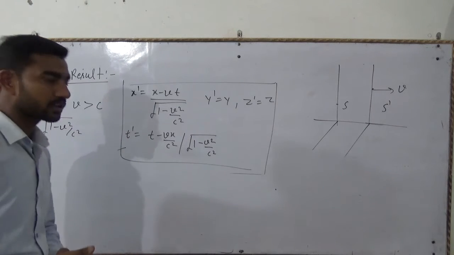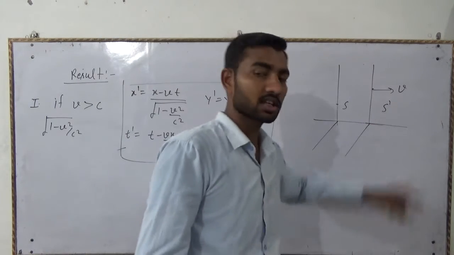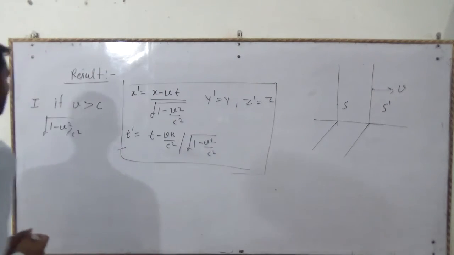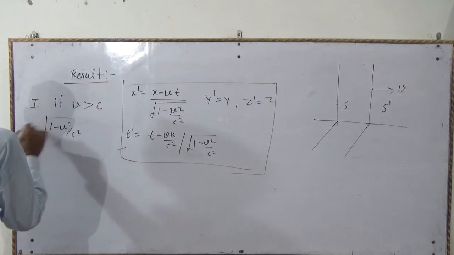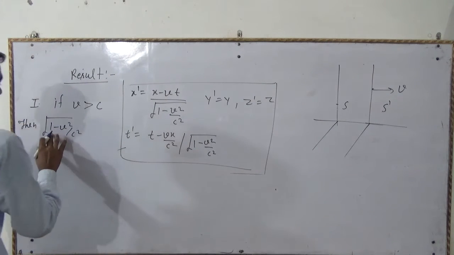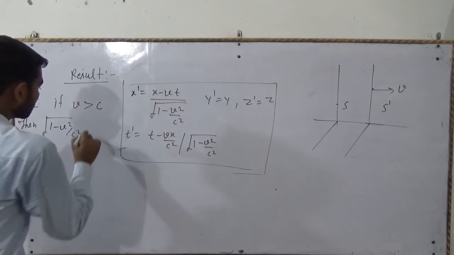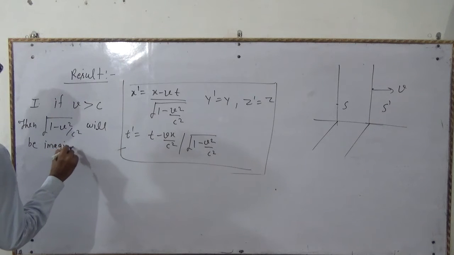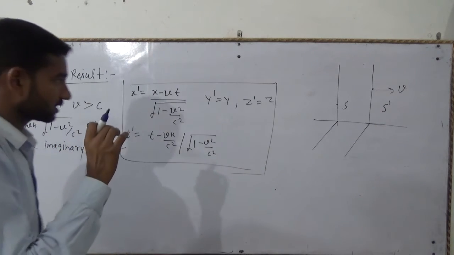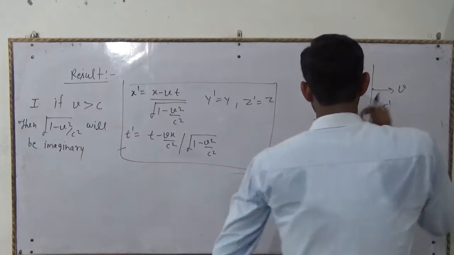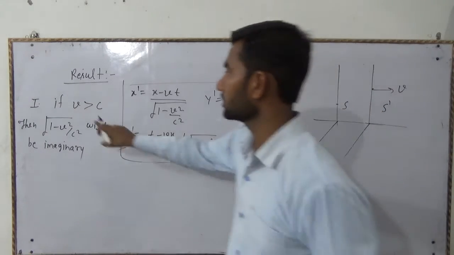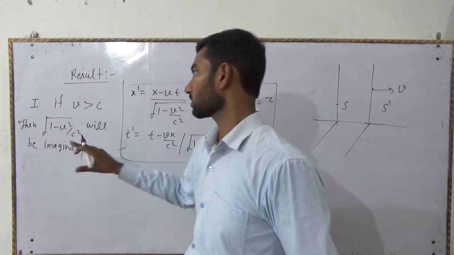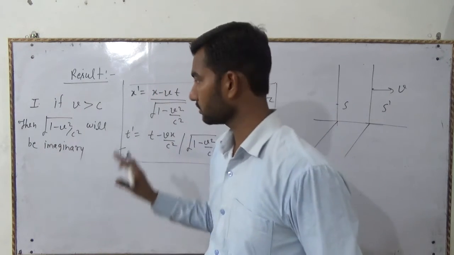If we consider that the frame of reference S dash is moving with velocity greater than the speed of light, then this term under root 1 minus v square by c square will be imaginary.